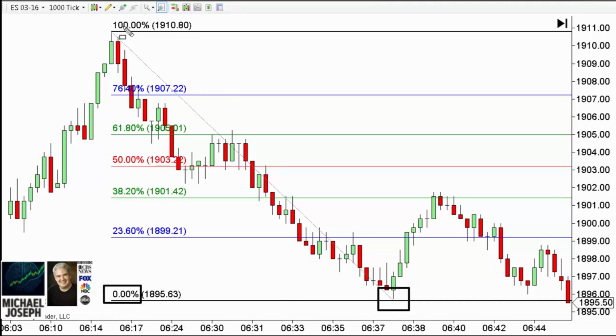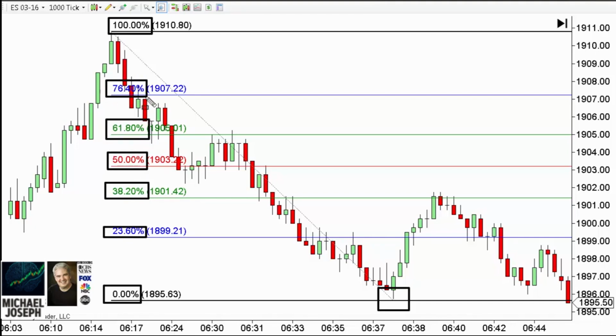If it goes all the way back to where we started, it retraces 100% of the move. Then we have the ones in between: 23.6, 38.2, 50, halfway, 61.8, and 76.4. From this point on, we're just going to be using this tool.